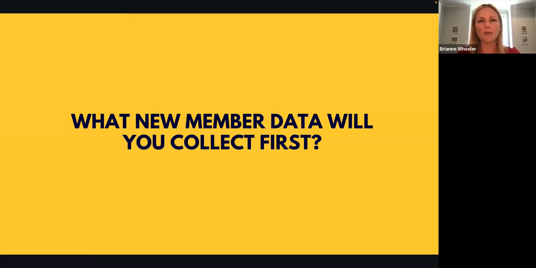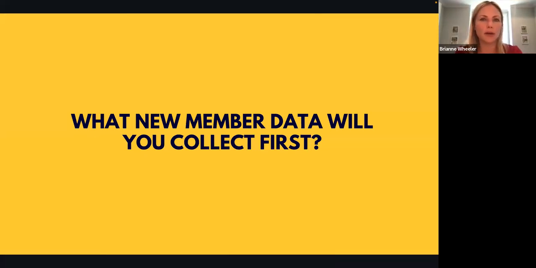And it could be just as simple as a secondary email address. MSTA, for example, they have a campaign that is intended to find out a second email address, because all of their student members have student .edu email addresses. And so they were able to go back and ask, what's the second email for you?